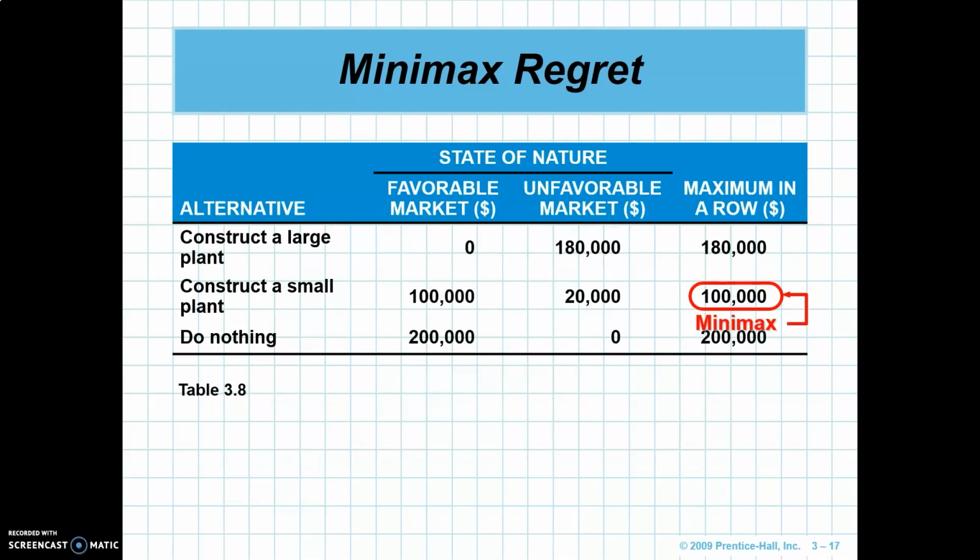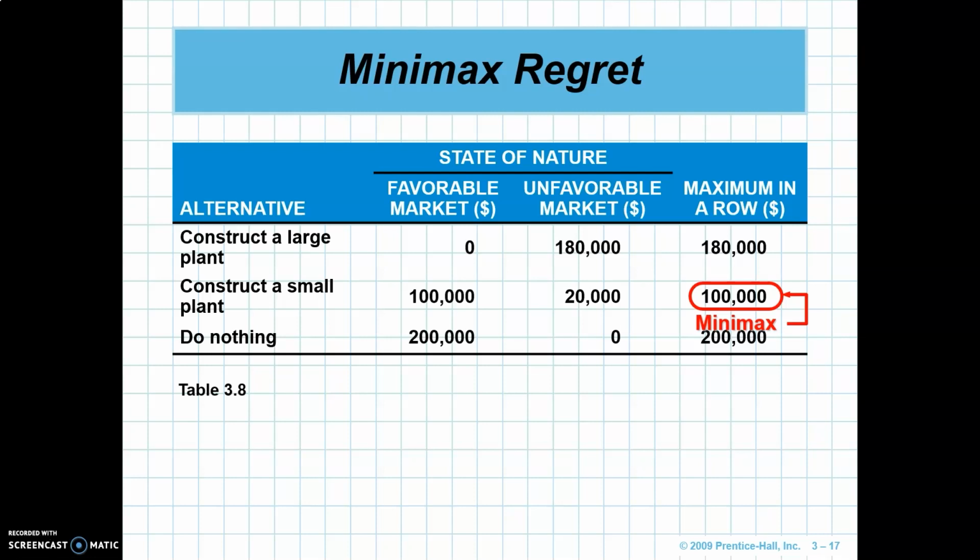Then we need to find the maximum of each row and then the minimum of that new column. So in the first row the maximum is 1 lakh 80,000, in the second row the maximum is 1 lakh, and in the third row the maximum is 2 lakhs, right? Out of these three numbers the minimum is 1 lakh.